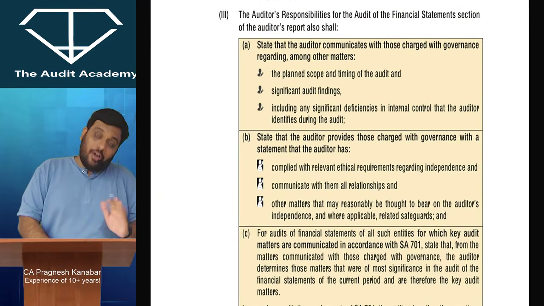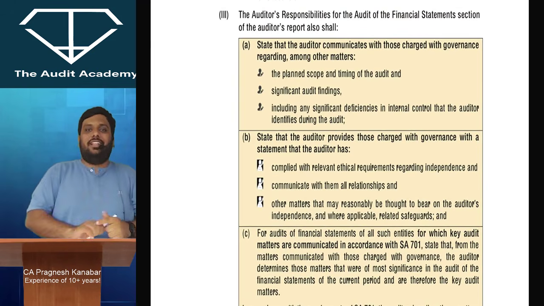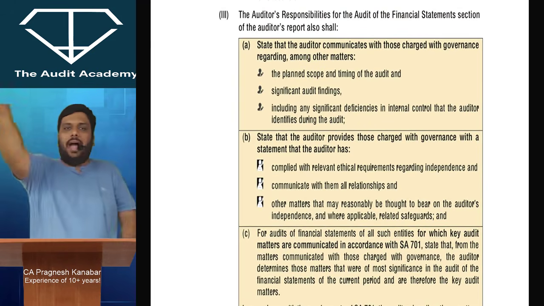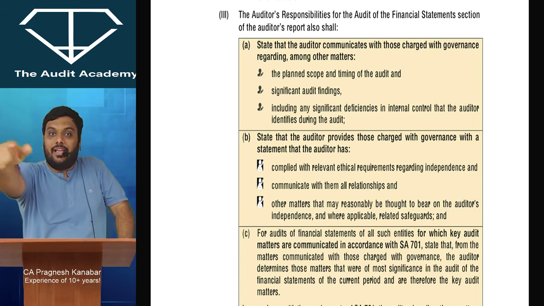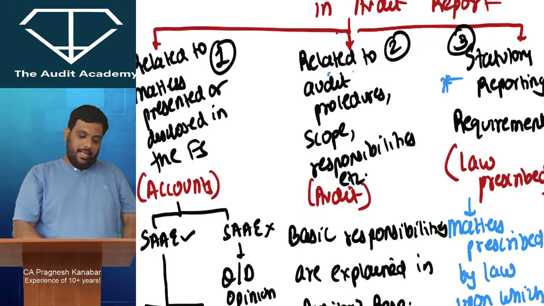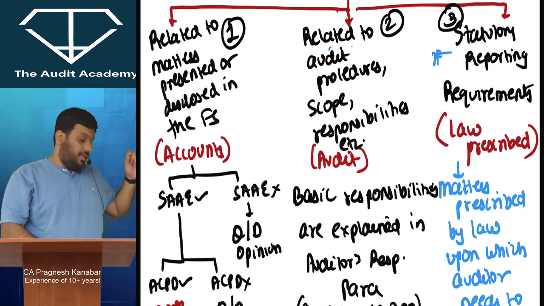And whatever is not covered in auditor's responsibility, but you still want to write about in the audit report, then first check whether it is a key audit matter. No, then you can go into other matter paragraph. Now, you have understood what I'm trying to say. Okay. However, let us say the matters are related to the matters presented or disclosed in the financial statements.